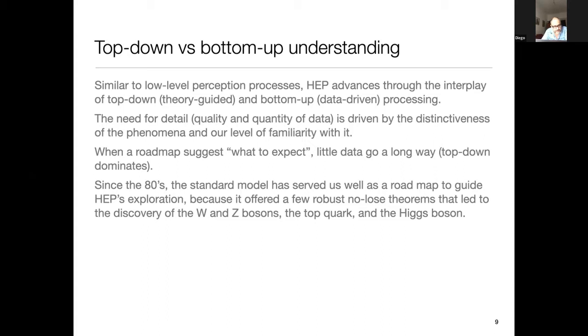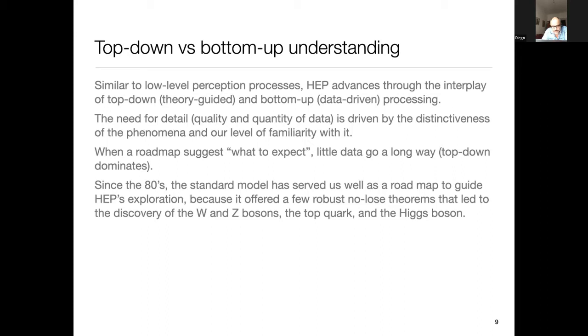So when a roadmap, when a theory is present and tells us what to expect, you only need little data to make progress because you know exactly where to search. And in a way, this was the situation that high energy physics, collider physics in particular, had been enjoying from the 70s to the 90s, basically, or at least even after that, because you certainly know the standard model.